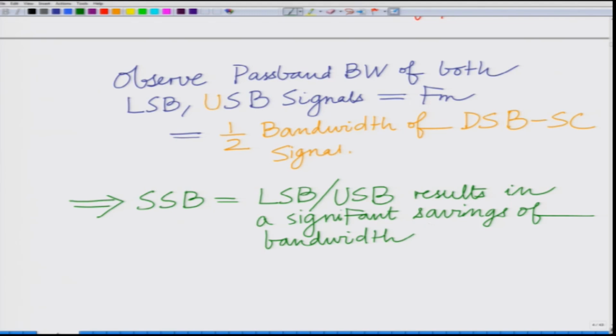Specifically, the bandwidth required in comparison to double sideband modulation is reduced by a factor of half. Therefore, the spectral efficiency doubles, that is spectral efficiency, which is defined as the information content divided by the bandwidth. Since the bandwidth is decreasing by a factor of half while the information content is remaining the same, the spectral efficiency doubles.